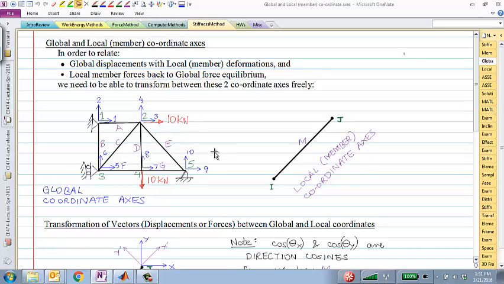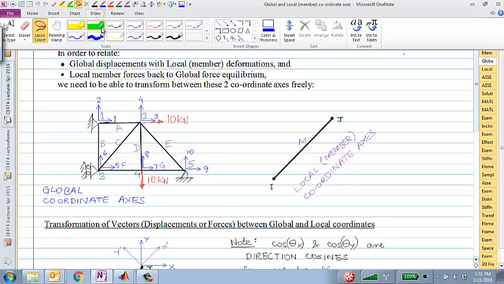So the reason that we have to work with these two different coordinate systems is because all of these truss members are oriented in all different directions. So one coordinate system will be the global coordinate system, which I'll draw here.